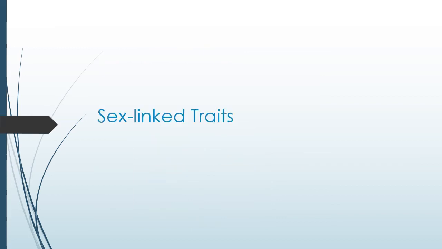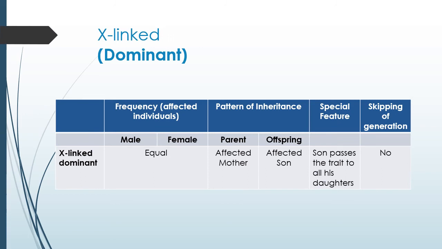Now, let us discuss sex-linked traits. Alleles that code for sex-linked traits are located on the sex chromosomes X and Y. Sex-linked traits coded by alleles on the X chromosome follow two inheritance patterns, dominant or recessive. We will be discussing the characteristics of X-linked dominant inheritance patterns first.